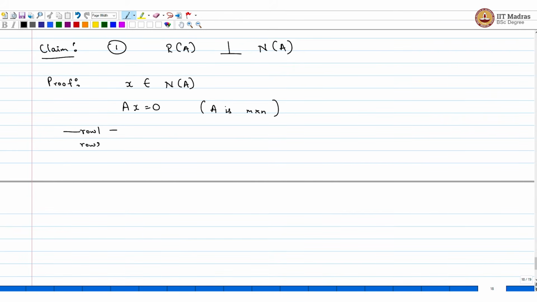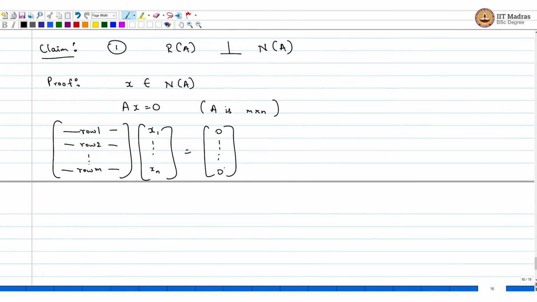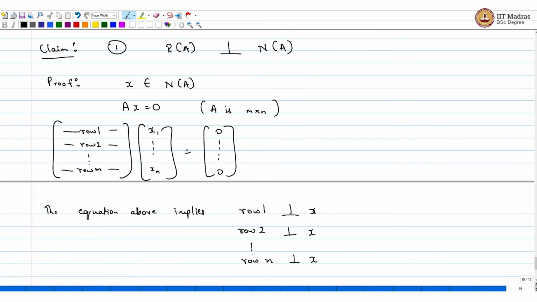So you have row 1, row 2, until row M. This is A, and then you have x1 until xn. This is the 0 vector. The equation above implies row 1 is orthogonal to x, and row 2 is also orthogonal to x, and so on until row m is orthogonal to x.